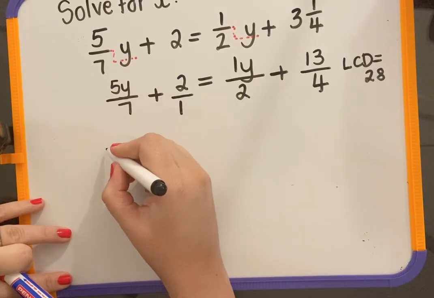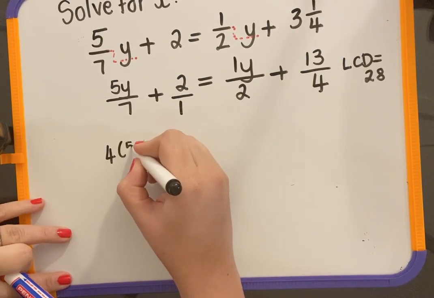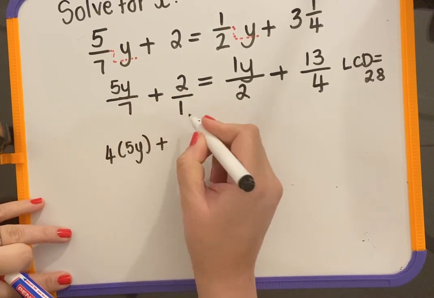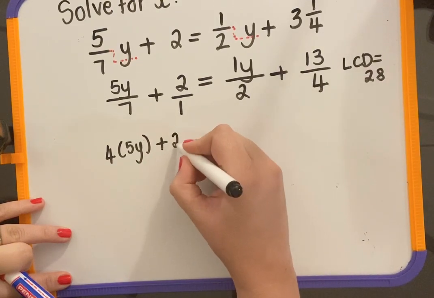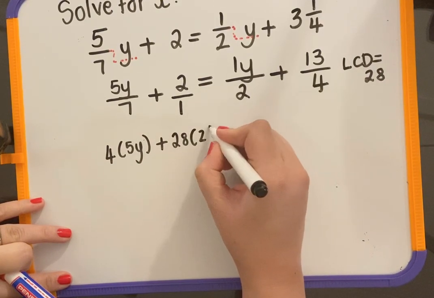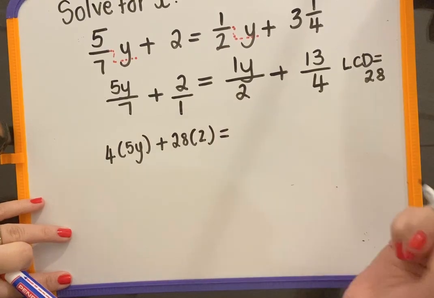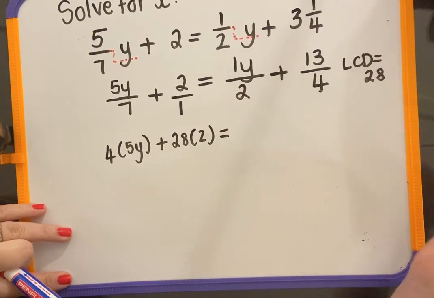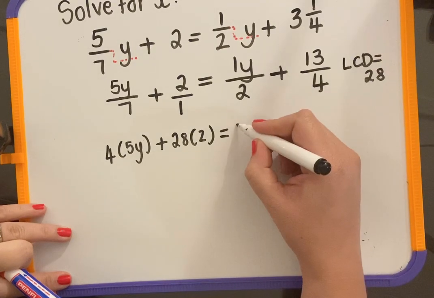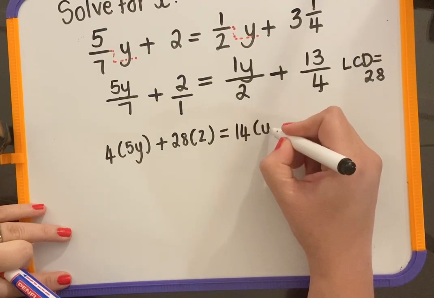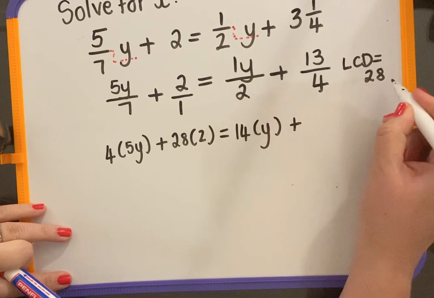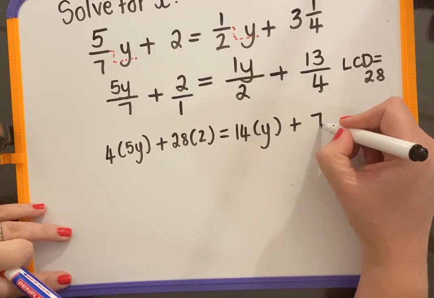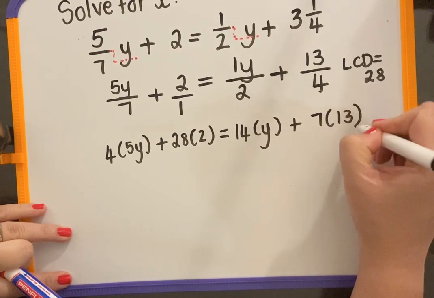So 4 times 5. 1 goes into 28, 28 times. 28 times 2. You don't have to show these steps. I'm just doing them to reiterate the concept. 2 goes into 28 14 times. So it's 14 times y. And 4 into 28 is 7 times 13.